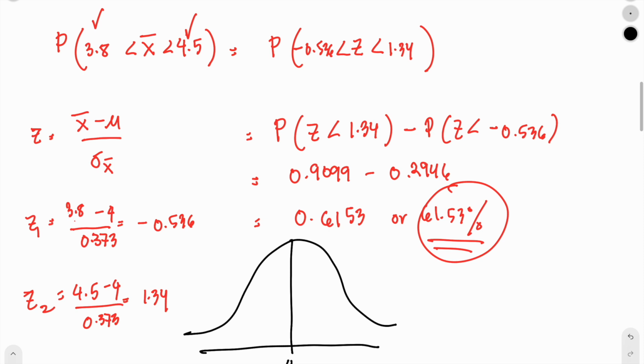And then 4.5 should be somewhere here, and 3.8 is somewhere here.